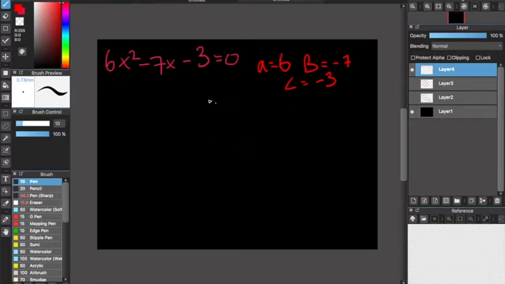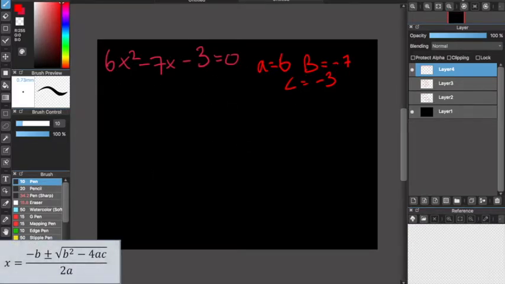So let's remember the formula. I'm going to put it at the corner of the video.